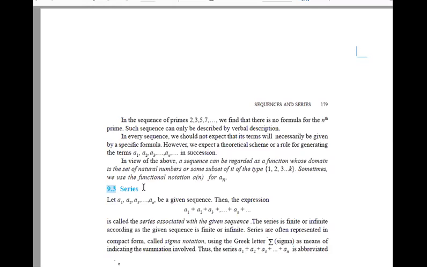Then we studied what a series is. A series is the sum of the sequence; the sum of all the terms in the sequence is called a series. For example, if a1, a2, a3, ..., an is a sequence, then the sum is a1 plus a2 plus a3 plus ... plus an.